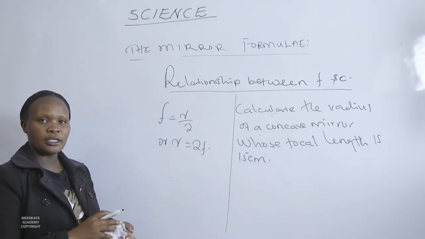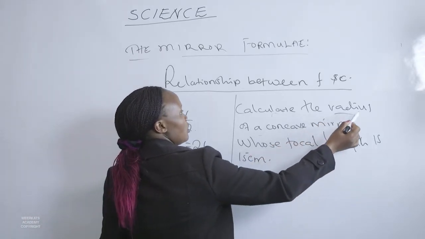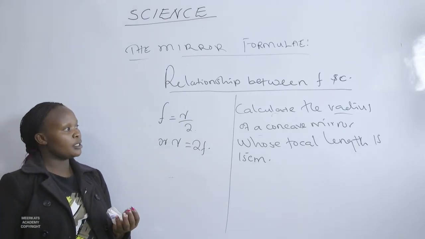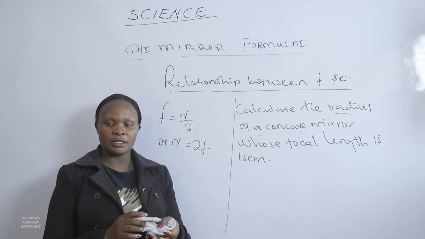That you calculate the radius or the position of C of a mirror whose focal length is 15 centimeters.